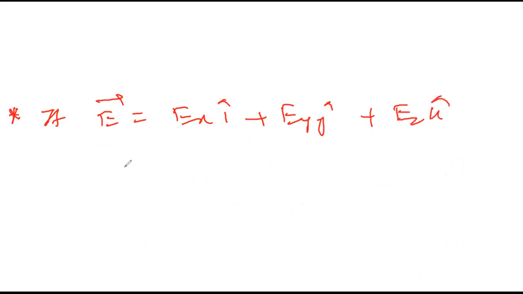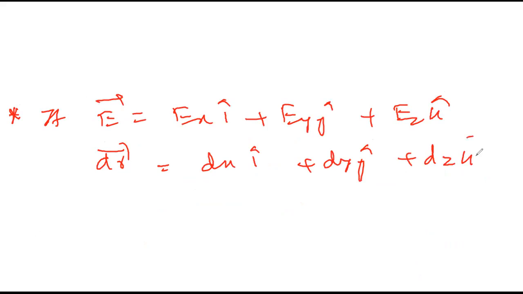If E bar is given as Ex i cap plus Ey j cap plus Ez k cap and dr bar is equals to dx i cap plus dy j cap plus dz k cap, then dV will be E bar dot dr bar with minus sign.